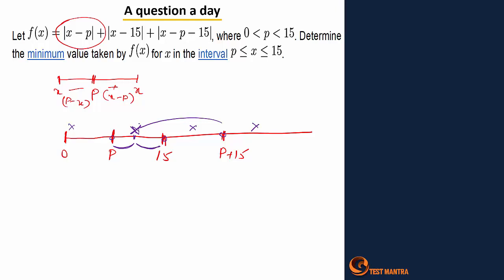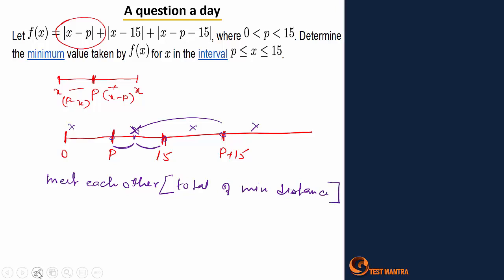They reside at p, 15 and p plus 15. Let's say these are the milestones, and the 3 people have decided to meet each other so that they will travel a total of minimum distance possible, right?